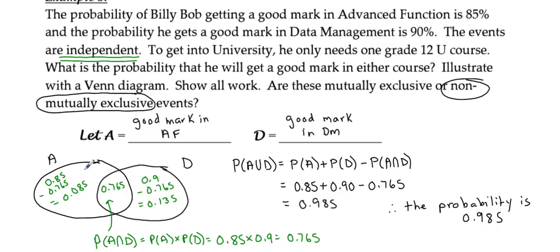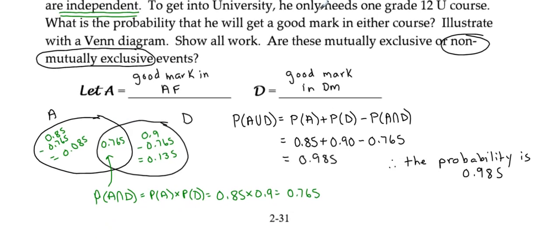So getting a good mark in advanced functions only is 0.085. Getting a good mark in data management only is 0.135, and getting a good mark in both is 0.765.